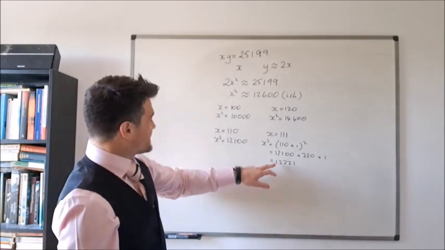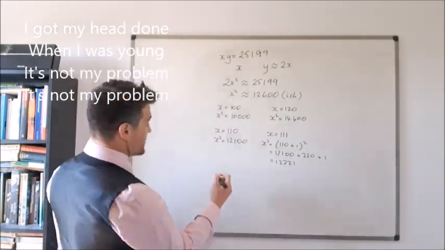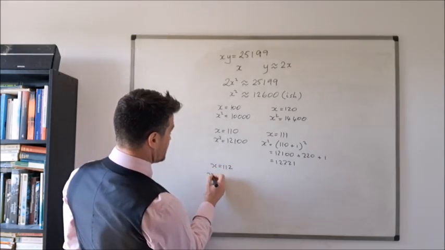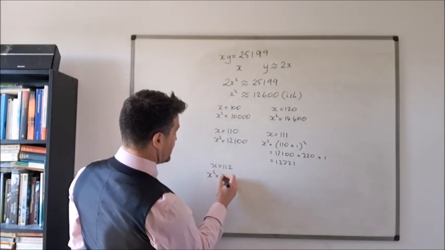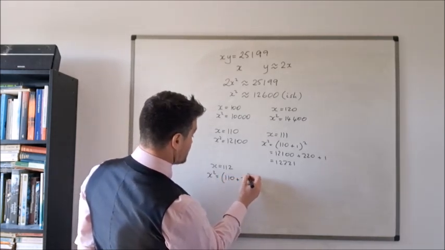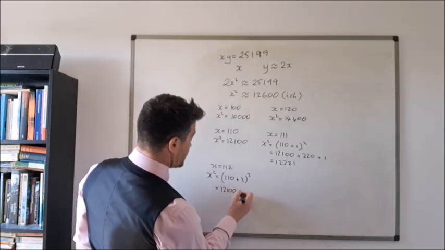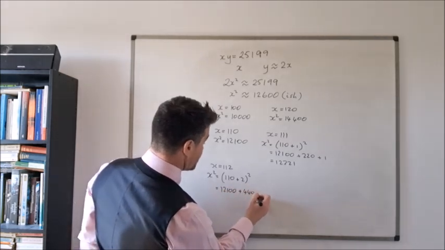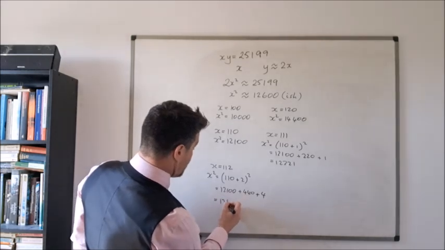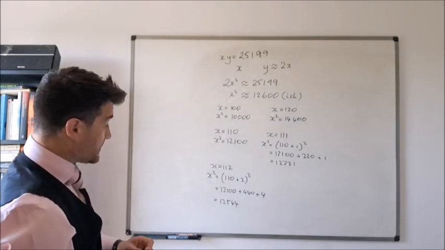Which is, okay, still a bit short of 12,600. So let's go for x equals 112 just to see what happens. So x squared is going to be equal to 110 plus 2 squared, which is 12,100 plus 440 plus 4, which is 12,544. That's not too bad.